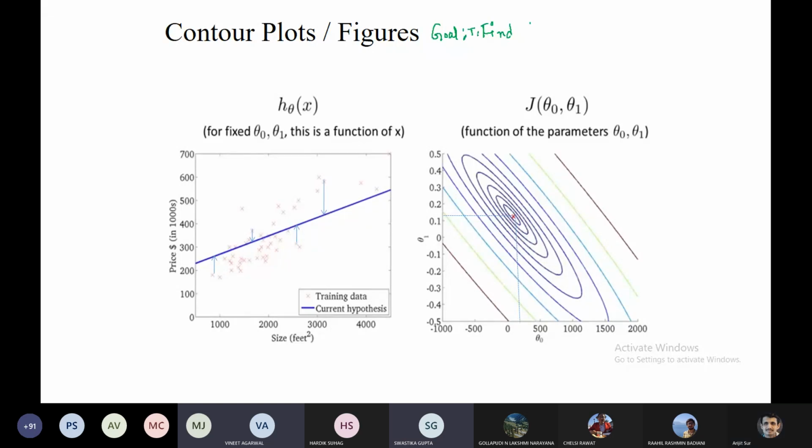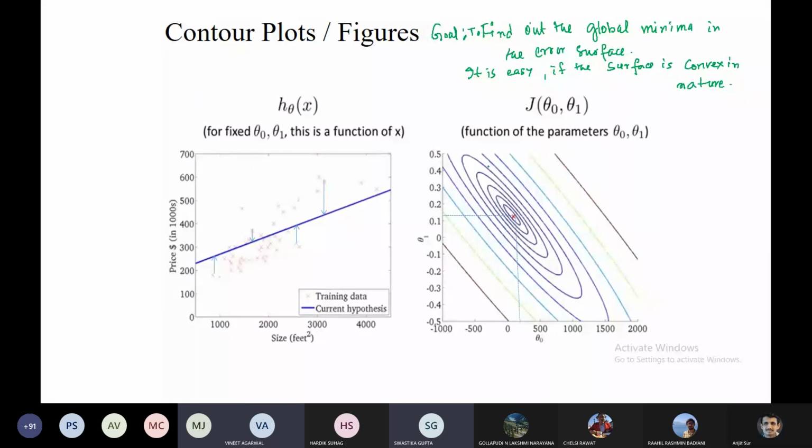To find the minimum, which is easy if the surface is convex in nature, and the corresponding lines are something like that.